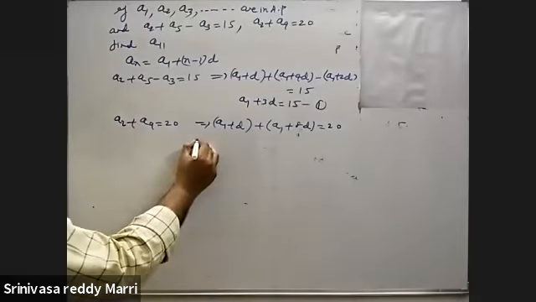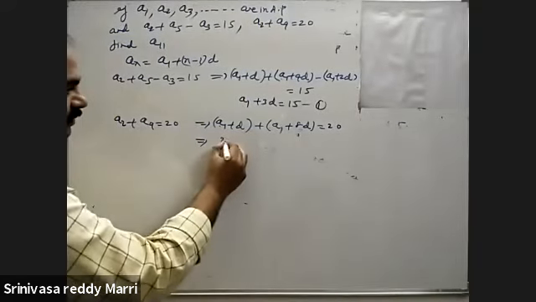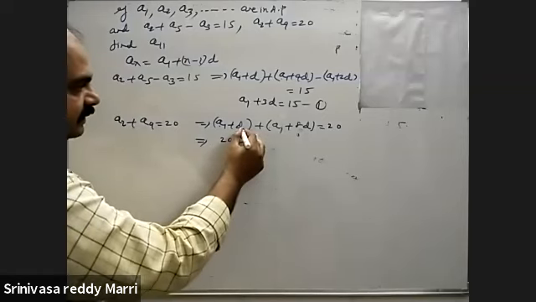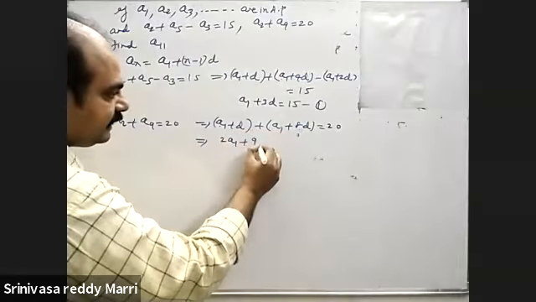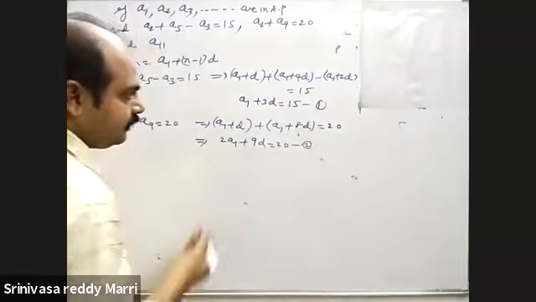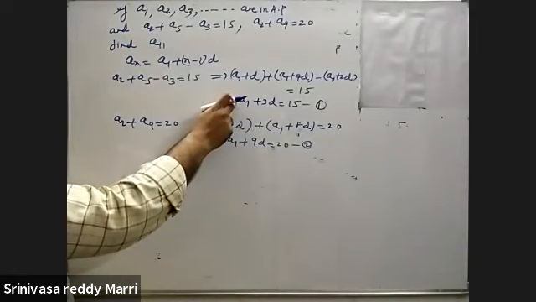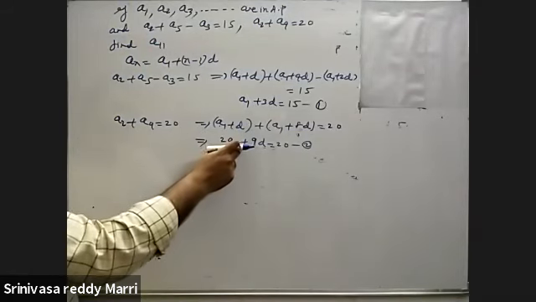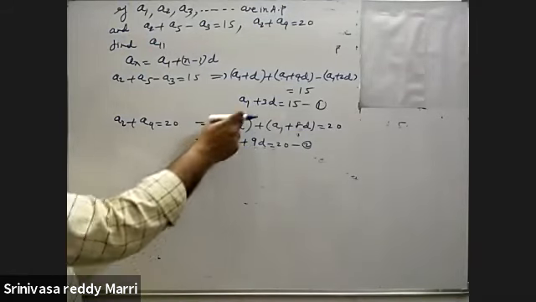That implies 2A1 plus D plus 8D, 9D, equal to 20. Now you got two equations in A1 and D. From these two, you have to calculate A1 and D.